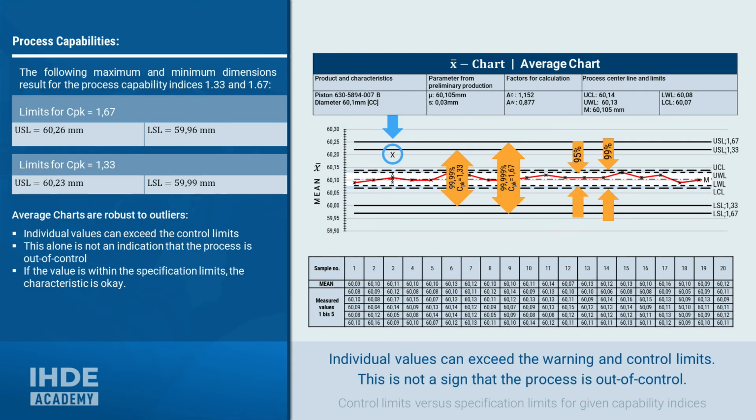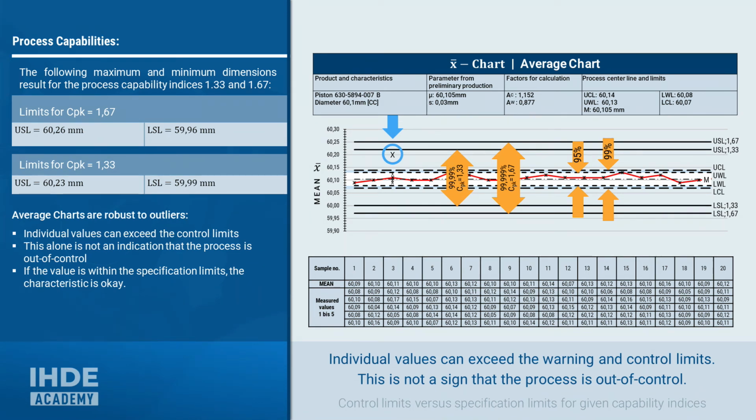To say it again clearly, the warning and control limits were calculated on the basis of the process parameters, mean and standard deviation. Any specification limits were not taken into account. The specification limits come into play when machine or process capabilities are to be determined.